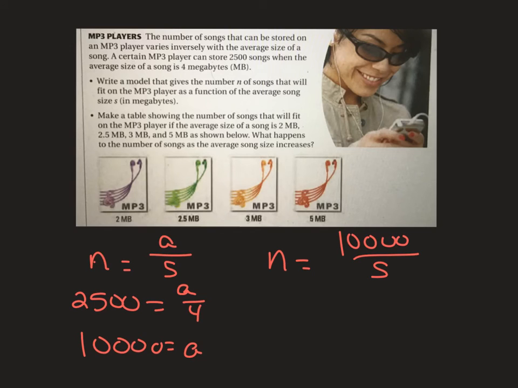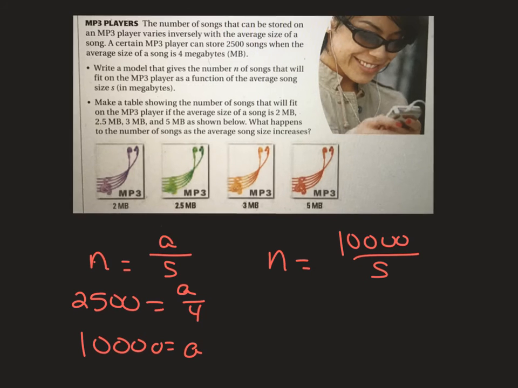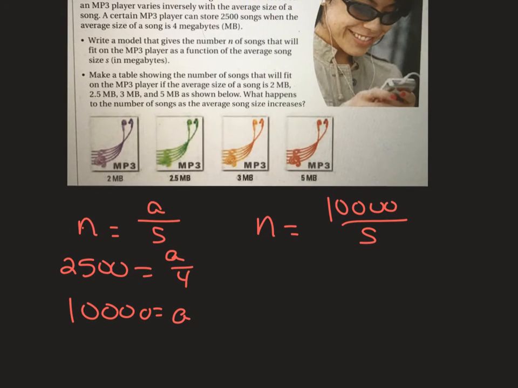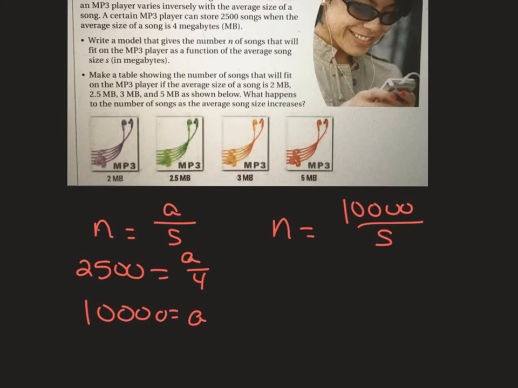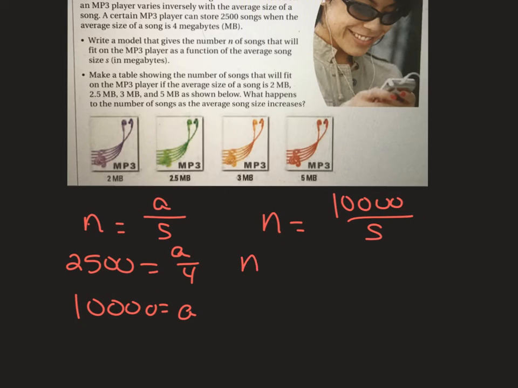That's the model. Then it says make a table showing the number of songs that will fit on the MP3 player. So I'm going to put my number and the size. If the average size of a song is 2, plugging it in, the number of songs would be 5,000.